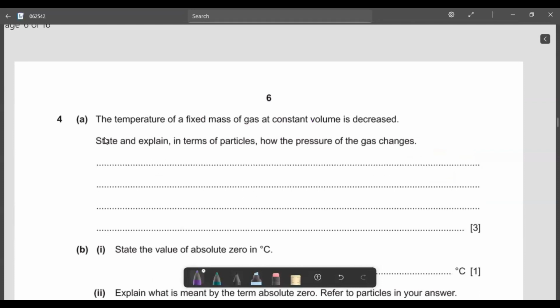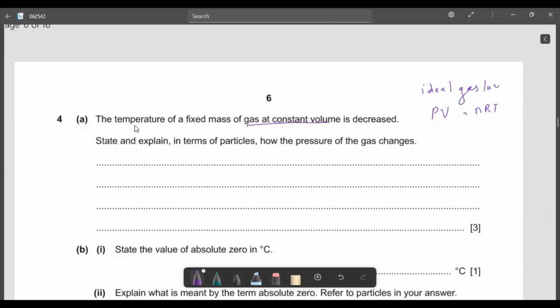Next, the temperature of a fixed mass of gas at constant volume is decreased. State and explain in terms of particles how the pressure of the gas changes. We know the ideal gas law, PV equals nRT.